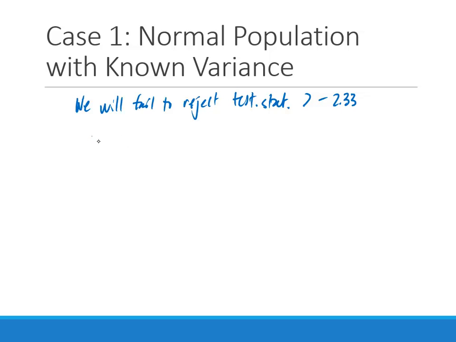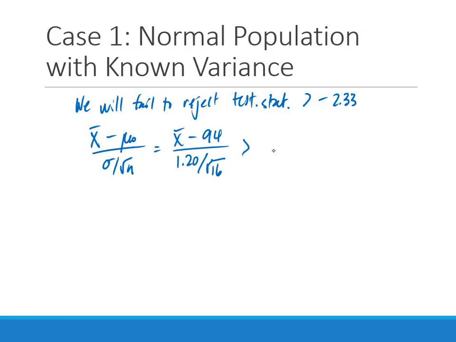Well, our test statistic, remember, is x bar minus mu 0 divided by sigma over the square root of n. Again, if the mean is really 94, this is x bar minus 94 divided by our standard deviation 1.20 over the square root of 16.